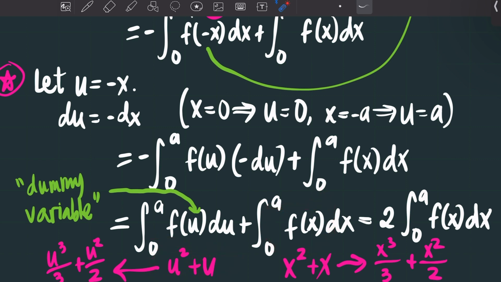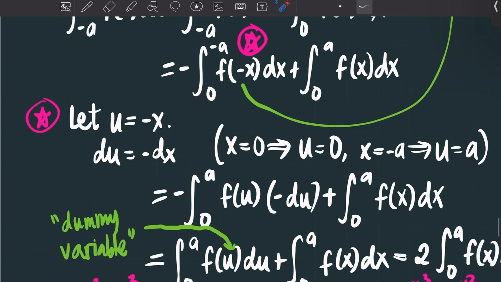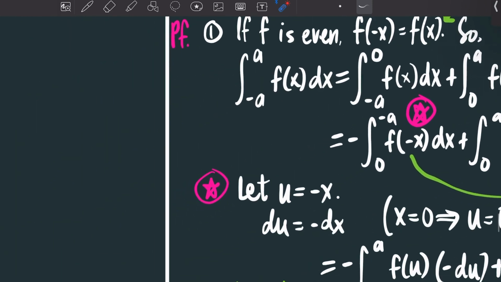But in essence, kung i-apply mo yung mathematics behind it, you're just getting the same result. That's why it's a dummy variable. So, pinalitan mo lang yung face niya, pero it's just the same thing as what you want to manipulate here, which is yung mga x. So, that's the first part.